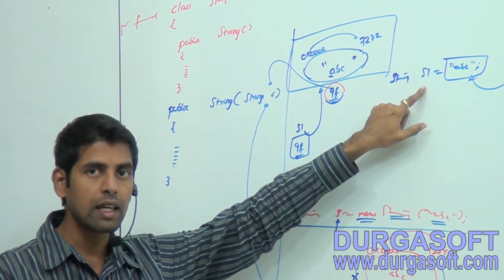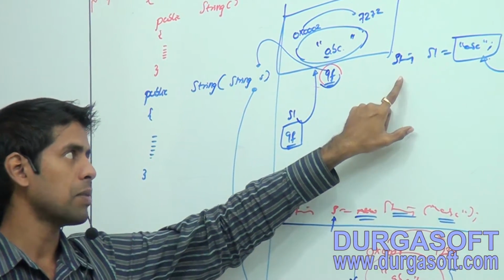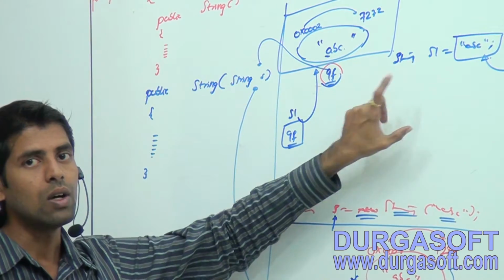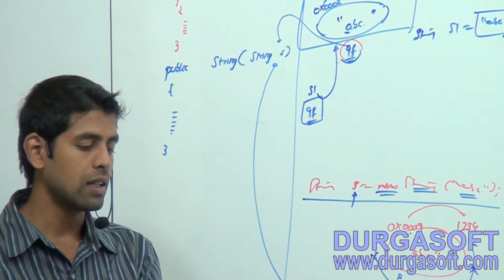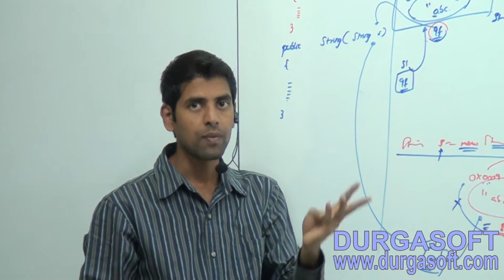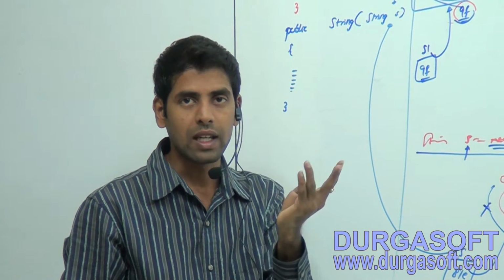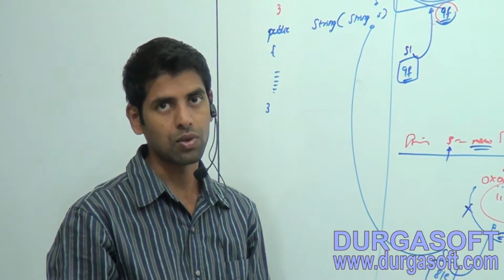What is the type of s1 here? It is of type string. Now which type of variable is it, a user defined data type variable or a primitive data type variable? We have understood.